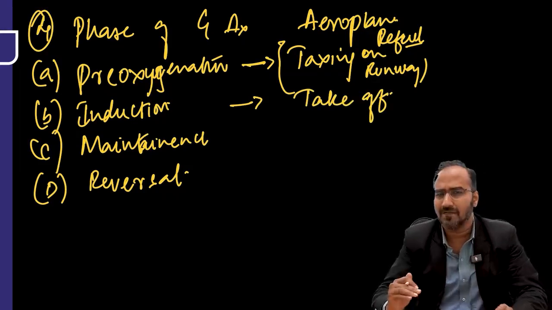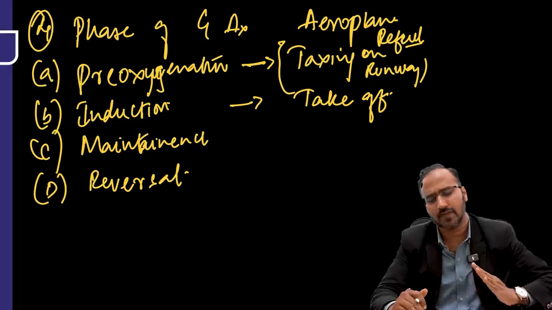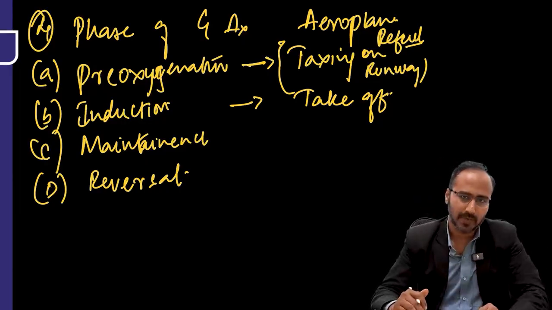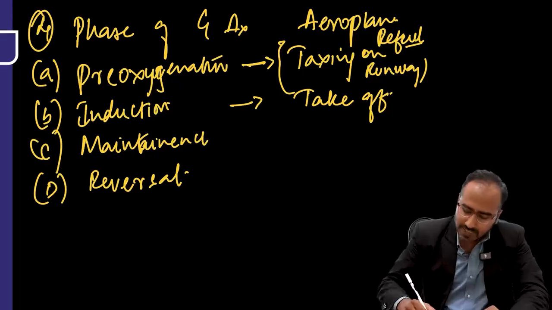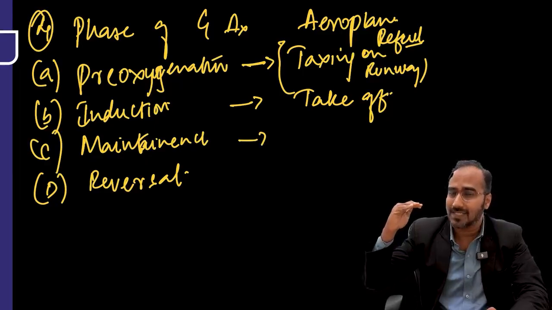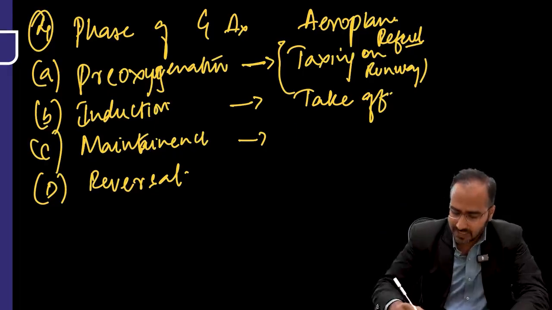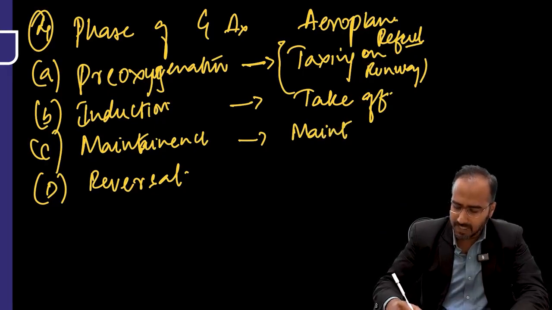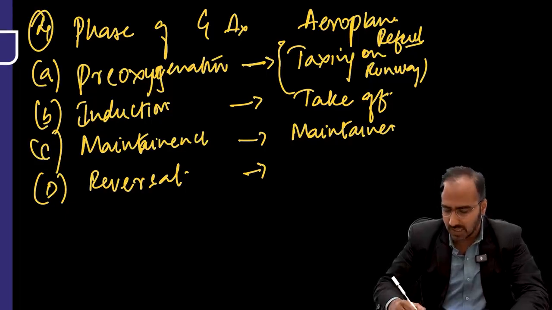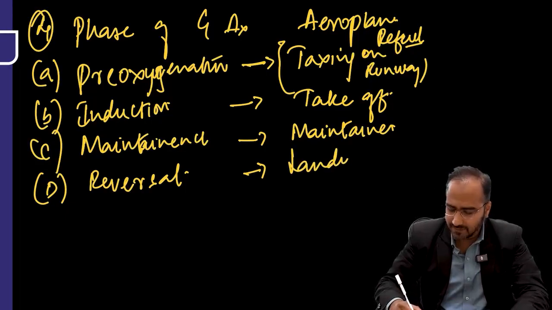You sit in the aeroplane, first is the taxiing phase. The second phase, takeoff phase of the aeroplane. The third phase, after takeoff, it will have to maintain itself in the mid-air. The third phase is the maintenance phase. And the last phase is called the landing phase.